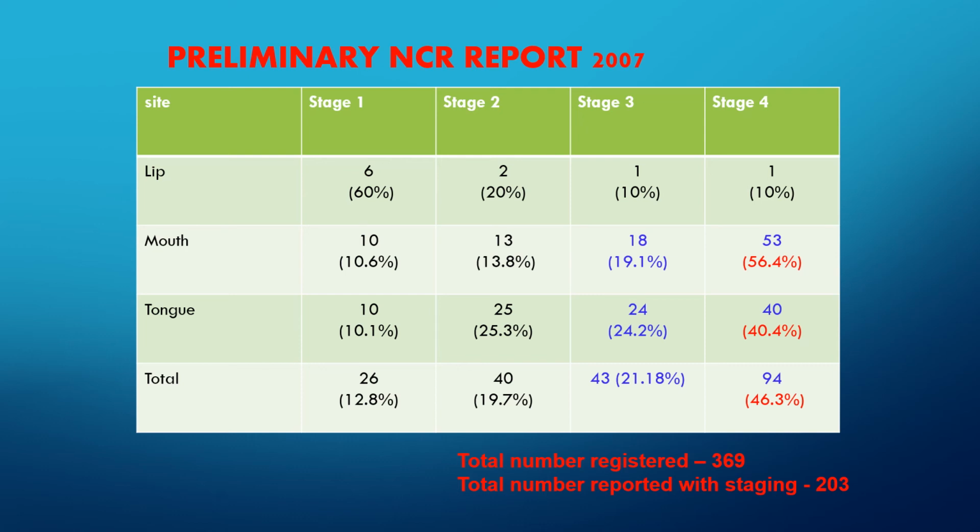Stage 2, about 40 cases. Stage 3, about 43 cases. And stage 4, surprisingly, about 94 cases. The total number of registered cases is about 369, but the total number reported with staging is about 203 cases.